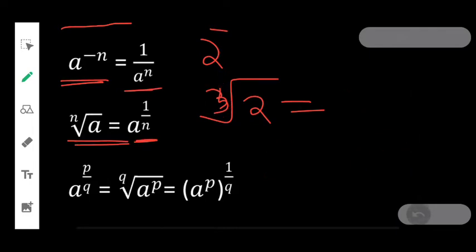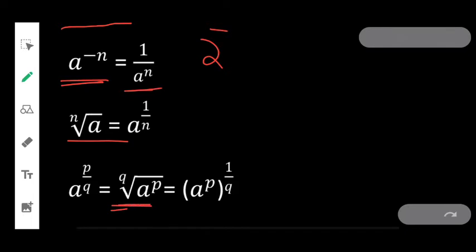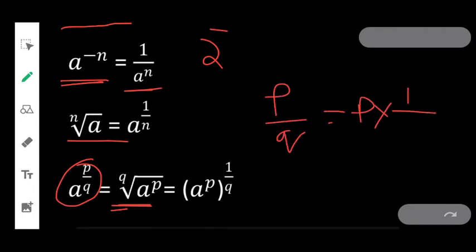Next, a to the power p by q. If the exponent is a fraction, in the form p by q, then this will be the qth root of a to the power p. Or we can write p by q as p into 1 by q. So a to the power p, whole power 1 by q, because p and 1 by q get multiplied, and p into 1 by q is p by q.